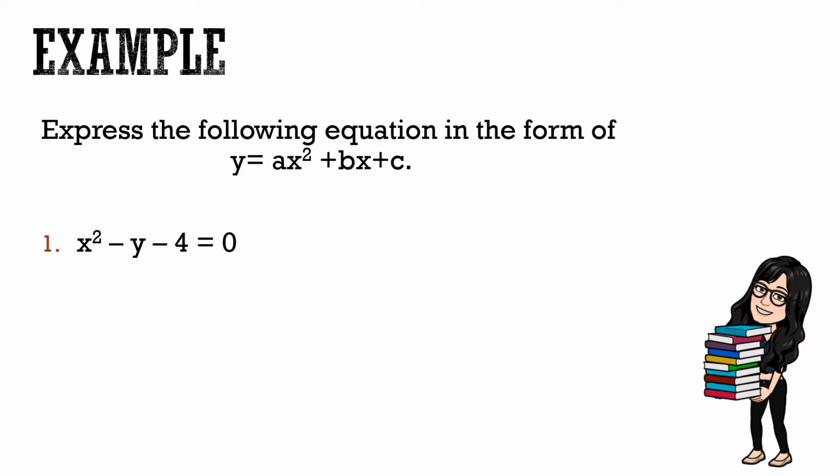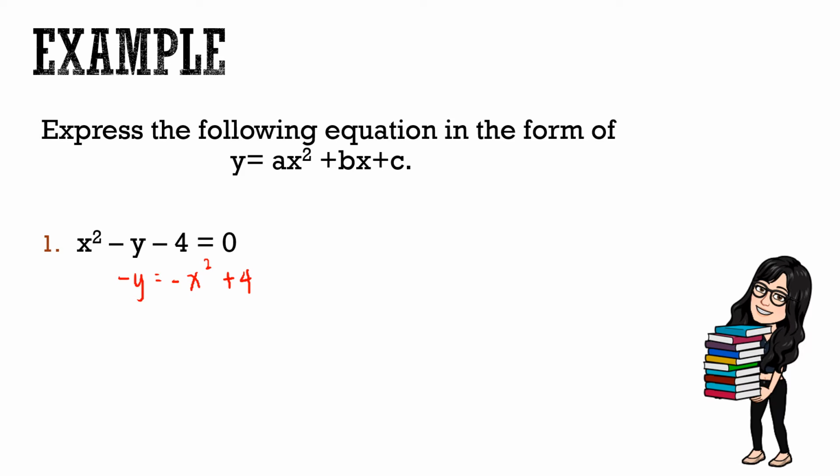Therefore, negative y is equal to moving x squared to the other side using the addition property of equality. X squared will become negative x squared and negative 4 will become positive 4.